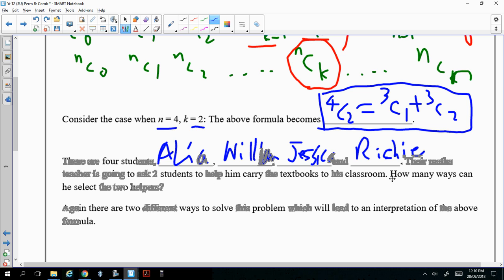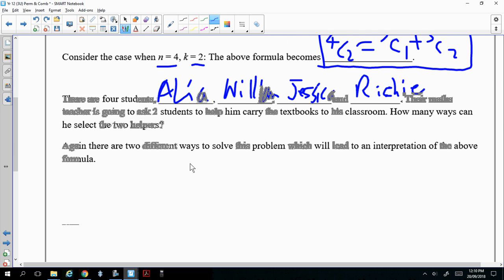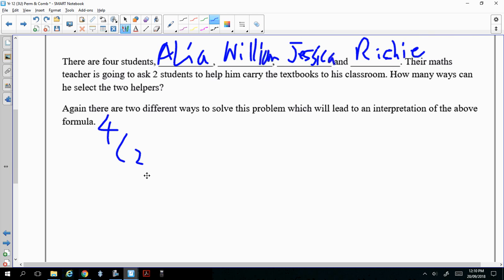Well, obviously, it's going to be 4C2 ways to select the 2 helpers, since we only have 4 to choose from. That's one way of looking at it. The second way to look at it is, let's select a person. Let's say we select Alia.